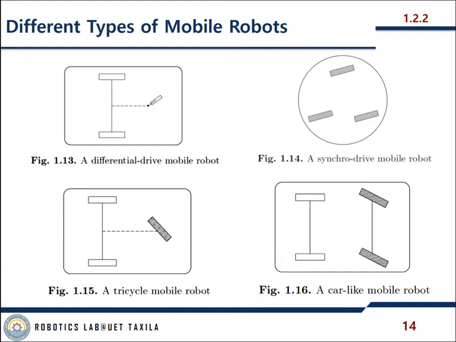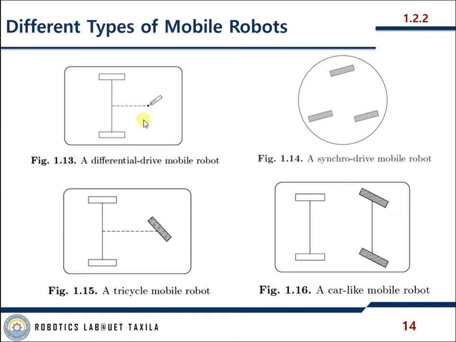The two fixed wheels are separately controlled, and different values of angular velocity may be arbitrarily imposed. For example, if the motion of this wheel is counterclockwise, this can be counterclockwise. So this is a differential robot.